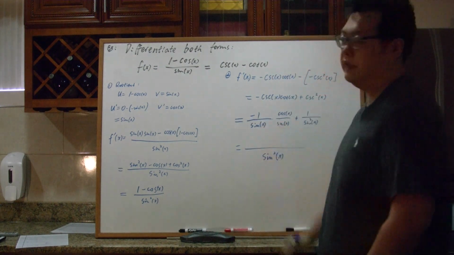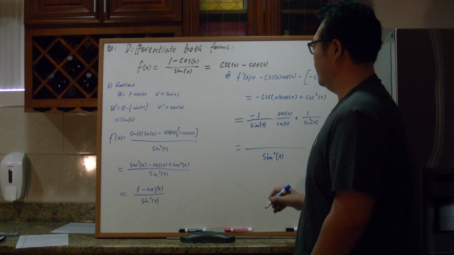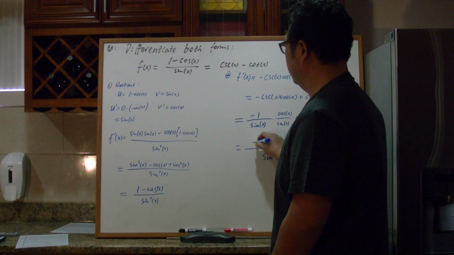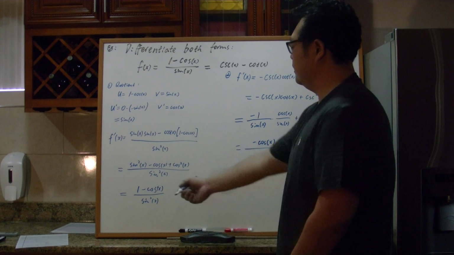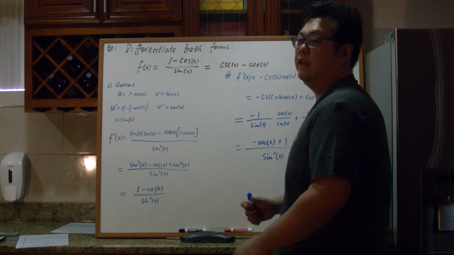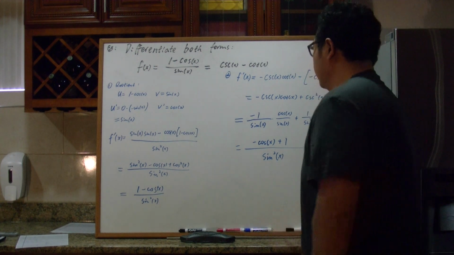Well, luckily we get sine squared as denominator, we get negative cosine x plus 1, or 1 minus cosine x, right? These two should be equivalent. And what we get is they are equivalent.